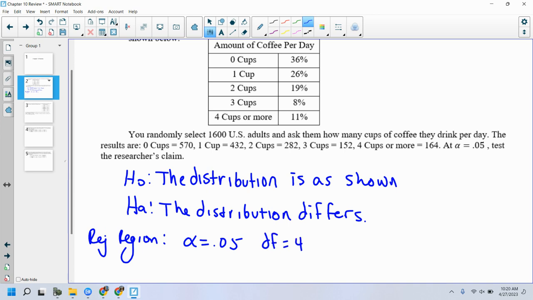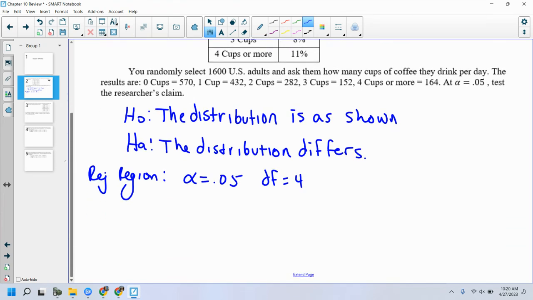Okay, so let's figure out using the chi-square table. And the chi-square table, just so you guys know where it is, is on the very back of the yellow packets. So the chi-square distribution with an alpha 0.05 with degrees of freedom 4 is 9.488. I feel like we've used that a bunch. 9.488.